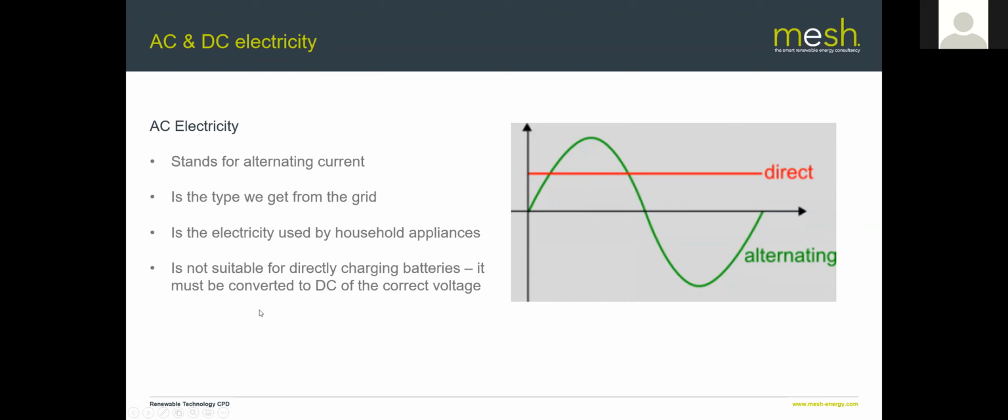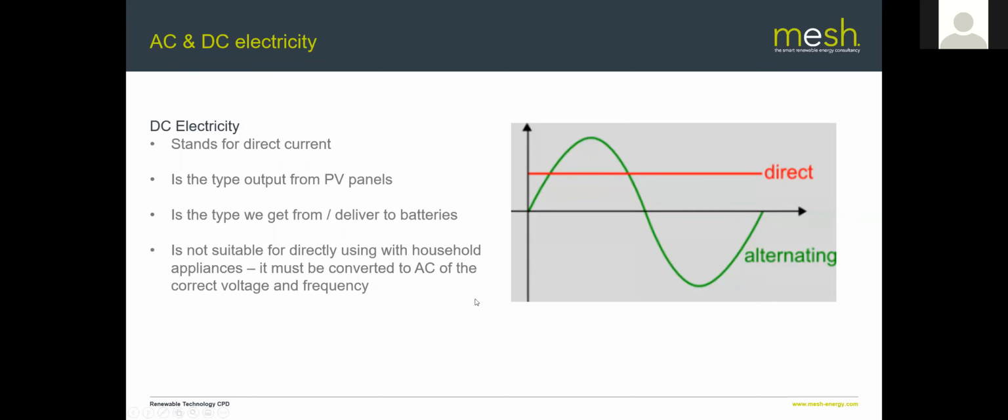And a lot of appliances now operate off DC and have a little transformer and inverter in there to change it from AC to DC. But it's not what we're going to be using with batteries. Batteries rely on DC, so we've got to convert anything that's AC into DC to put into a battery. And equally, PV panels produce DC.